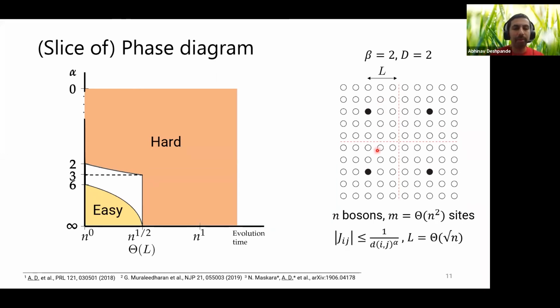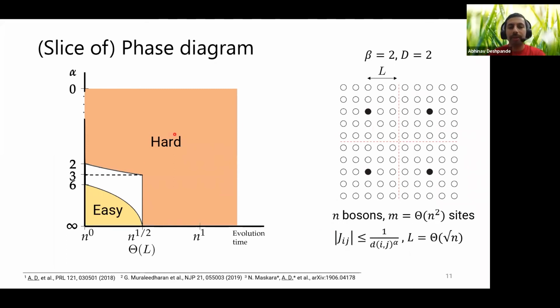Yeah, but what about the proof techniques? So for the easiness, we essentially use this idea of Lieb-Robinson bounds, which say that if you have Hamiltonian evolution for some time t, there's an effective light cone beyond which the speed limit, the reach of the particle, is sort of decaying.